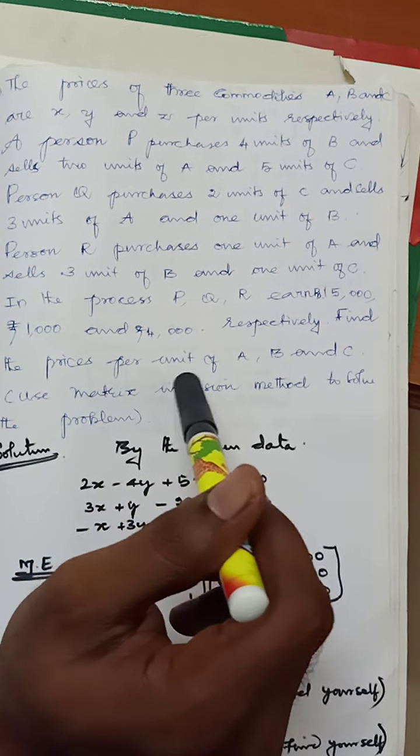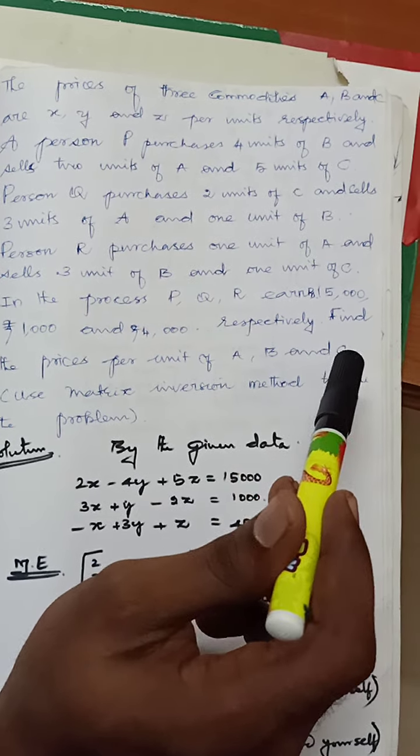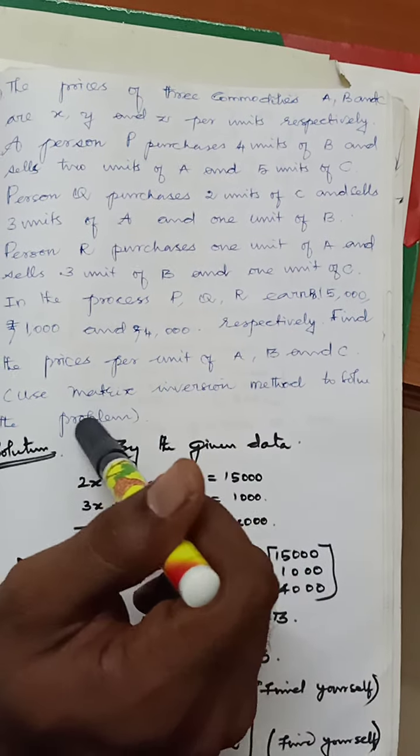Find the prices per unit of A, B and C. Use matrix inversion method to solve the problem.